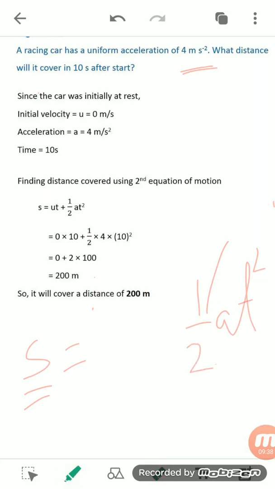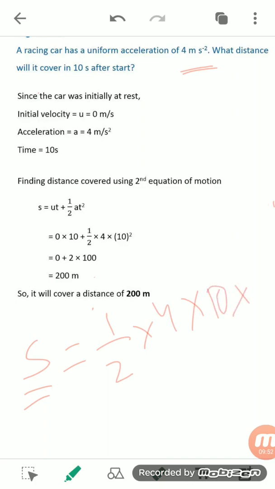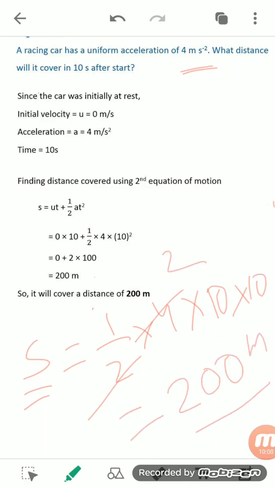Half, acceleration is 4, and time is 10, so half into 4 into 10 to the power square, that means 10 into 10, which is 100. So 2 into 100 will be equal to 200 meter. By this you can find the distance covered by the car.